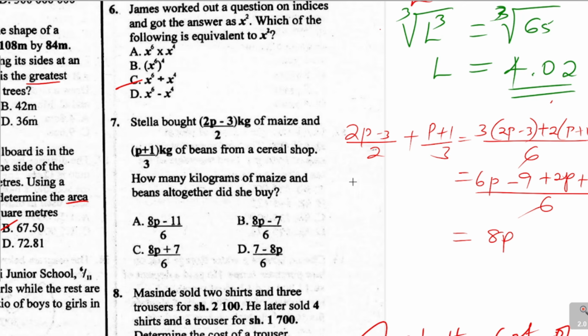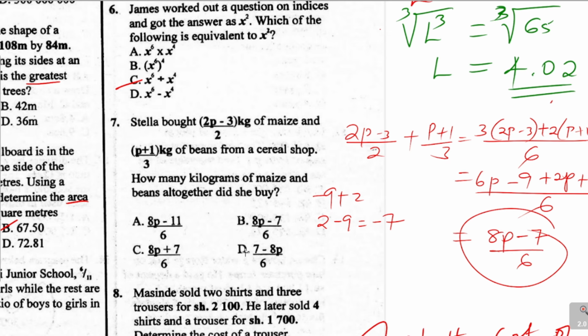Then negative 9 plus 2. This is the same as 2 subtract 9, which gives negative 7. Then everything divided by 6. So that one is (8p subtract 7) divided by 6, that answer is B there.